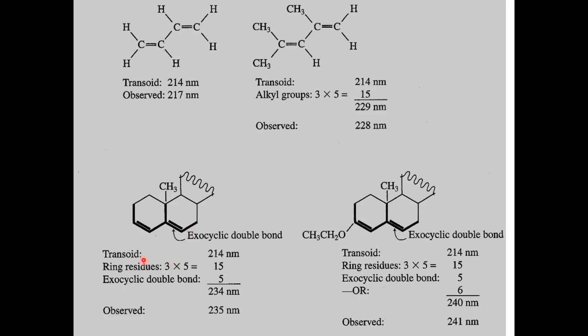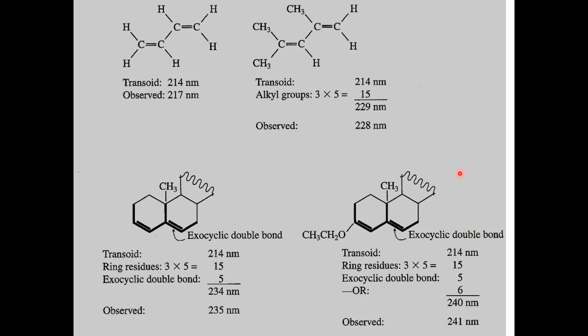Here we have, for example, the transoid with 215 as the parent chromophore, and ring residues 3, which will increase the wavelength by 15, in addition to the presence of an exocyclic double bond. Therefore, the wavelength of maximum absorption will be 234 nanometers, very close to the observed or practical value.